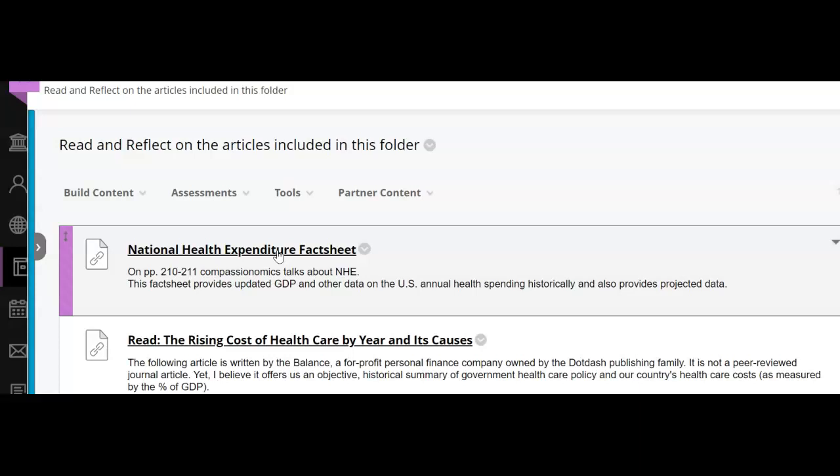17.9% of the GDP. In 2021, which is the most recent information that you can look at when you click on there, the percent of the GDP spent rose to 18.3. So from 17.9 to 18.3.